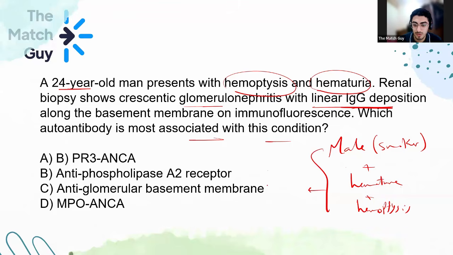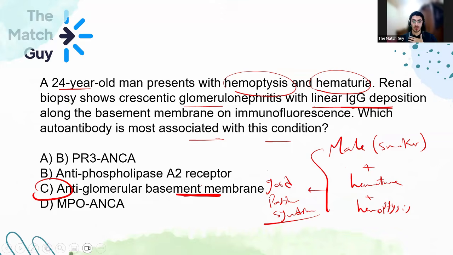This is the presentation of Goodpasture syndrome. In Goodpasture syndrome, we have autoantibodies attacking the basement membrane of the lung or of the alveoli and the basement membrane in the kidney. That's why the patient will present with hemoptysis and hematuria.